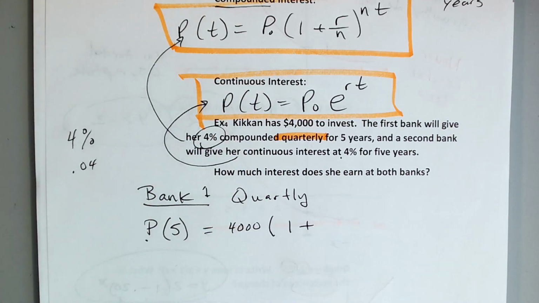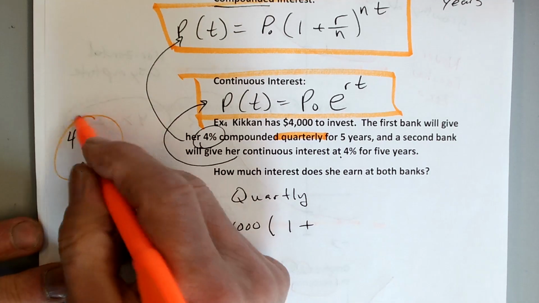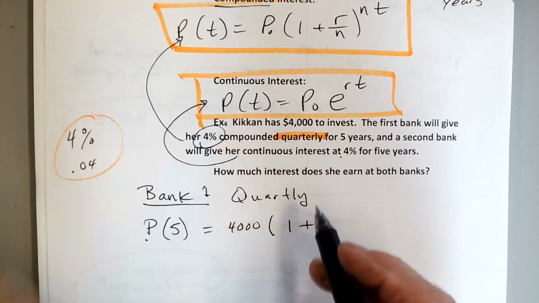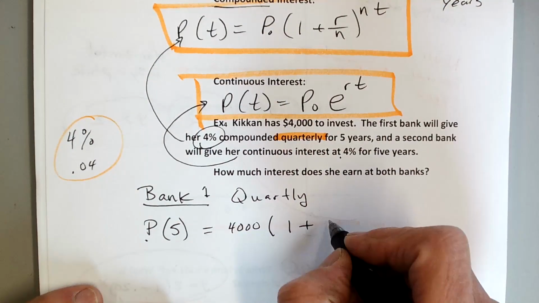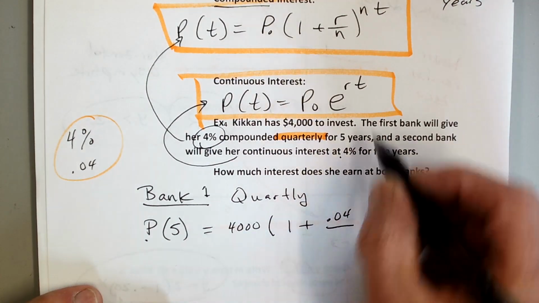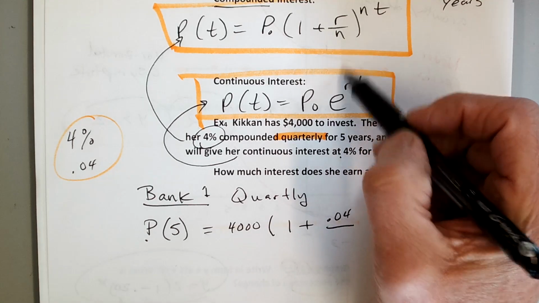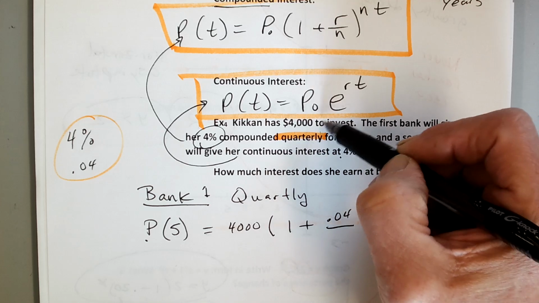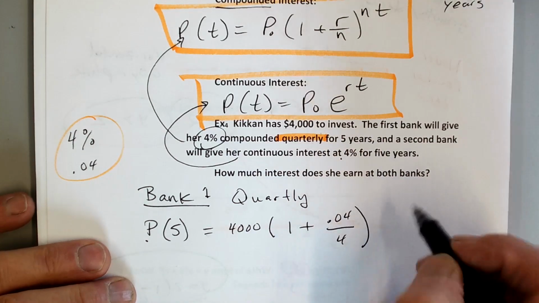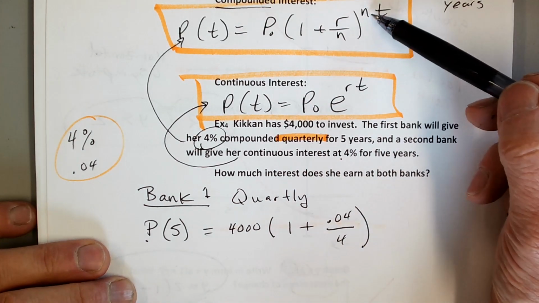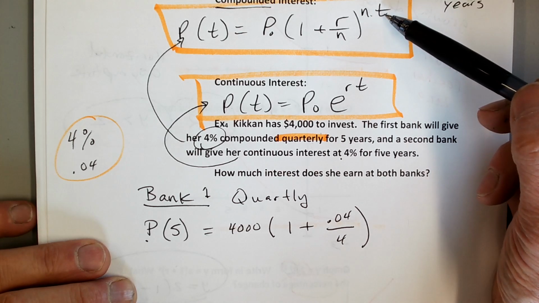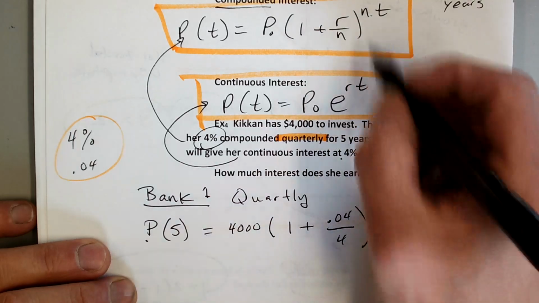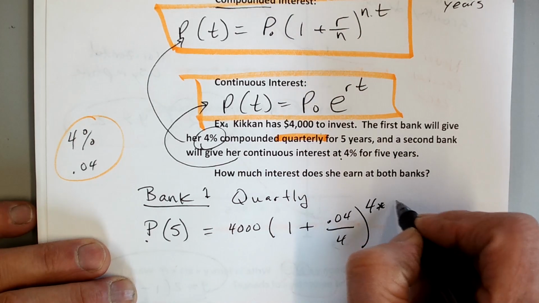Don't mess that up. Everybody agree with that? So I'm going to go 1 plus r, which is 0.04, over n. n is 4, because we're going to compound it quarterly. The power is n times t, where n is 4 and t is 5. In this case, n is 4, and we're going to leave it in for 5 years.